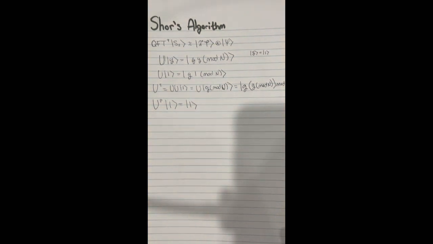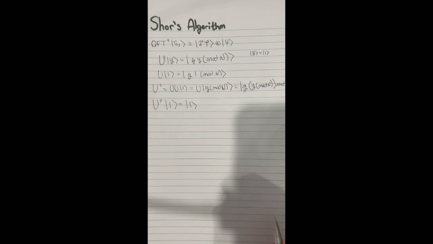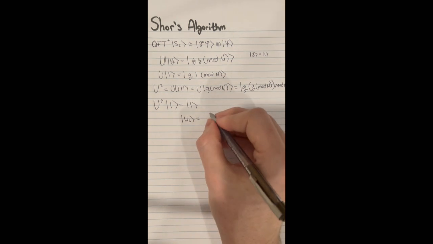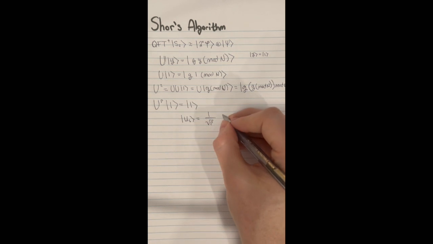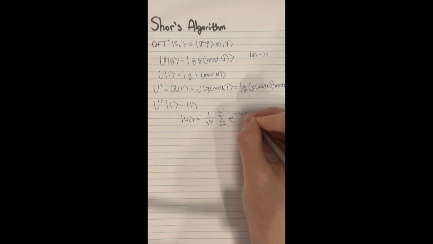So now it can be shown that for U, defined as we did up here, the possible eigenvalues and eigenstates can be defined as the eigenstate u_s, defined as 1 over the square root of p, summation over k equals 0 to p minus 1, e to the minus i 2 pi s k over p, on our state g to the k mod n.